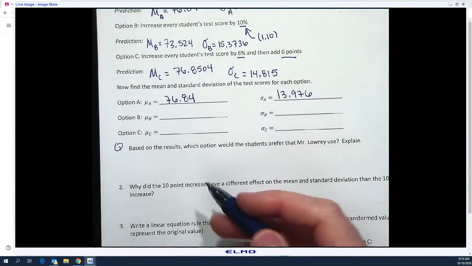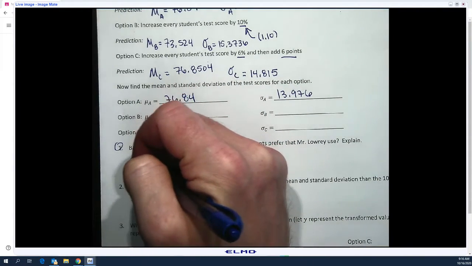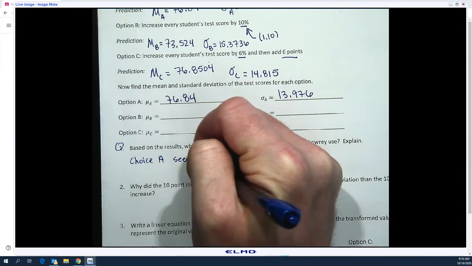I feel like B would be the worst choice as a student. So I would say choice A seems ideal.